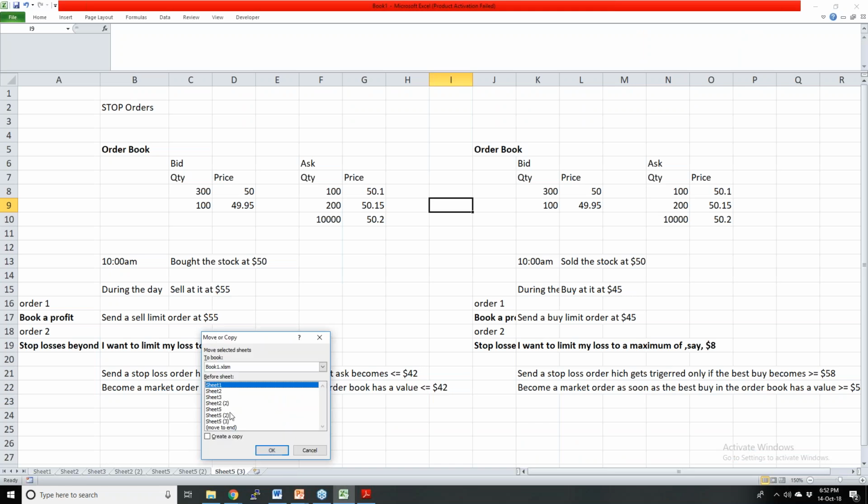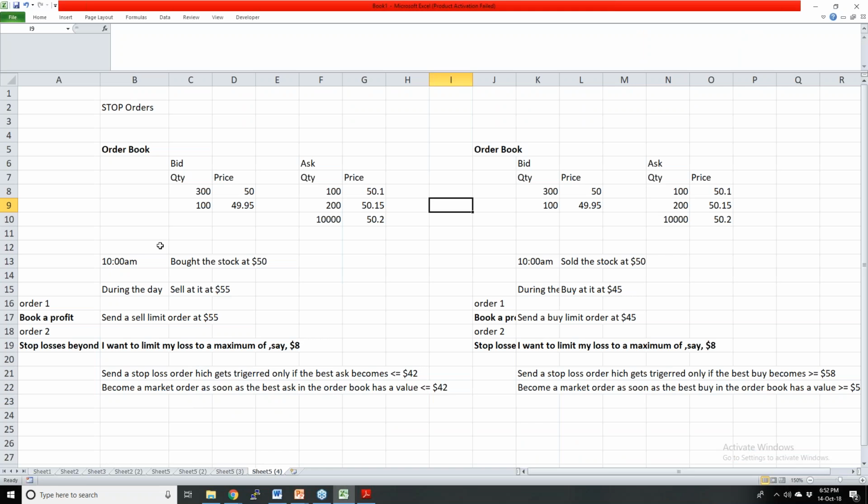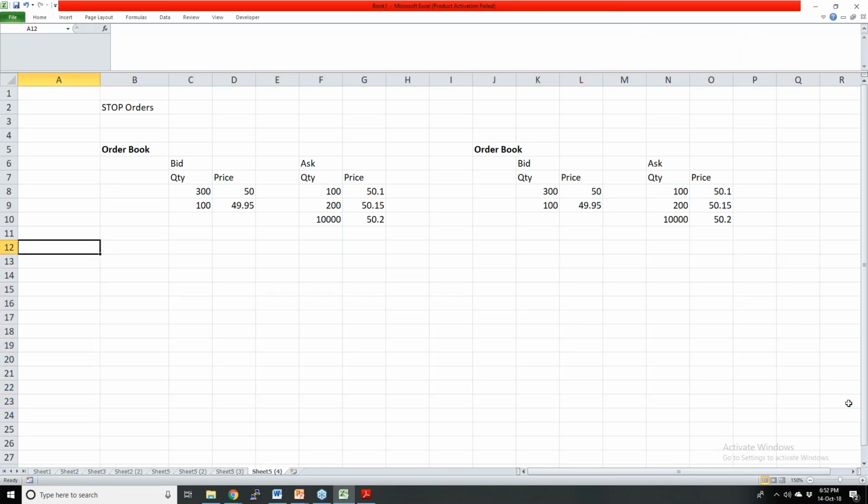So a pegged order, for example, I can send a buy limit order such that my buy price is equal to the best buy plus 0.05 dollars.